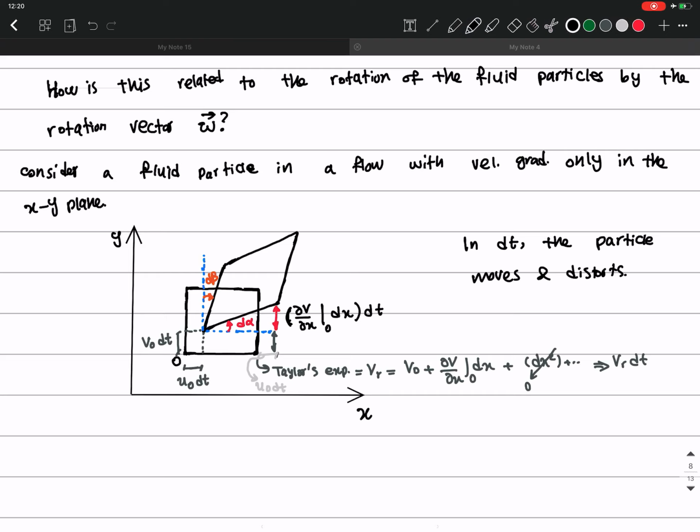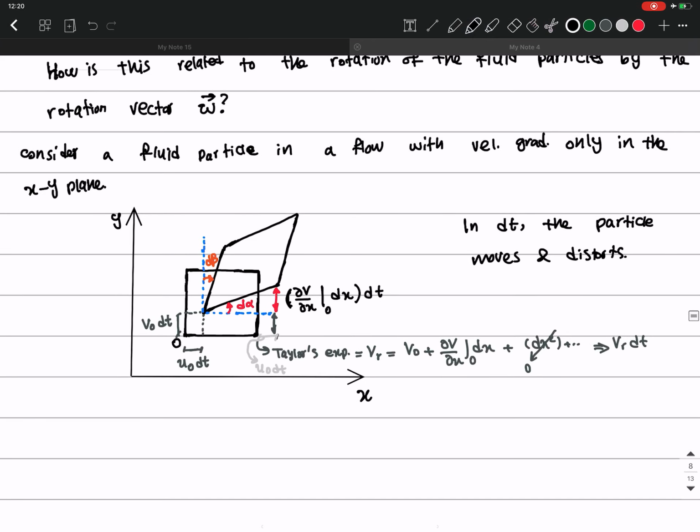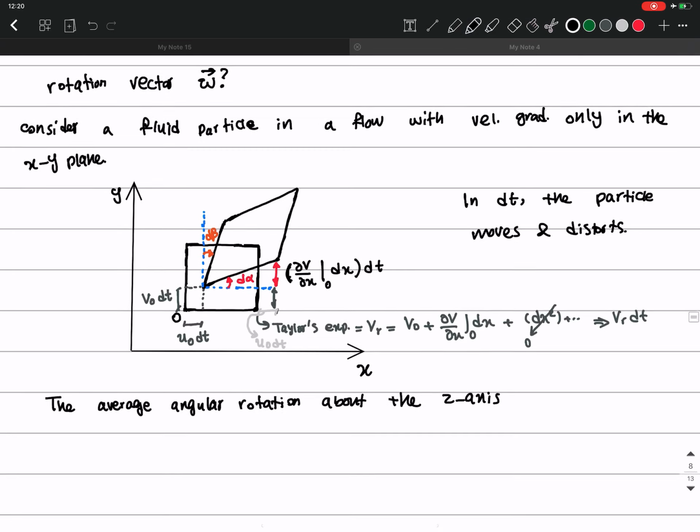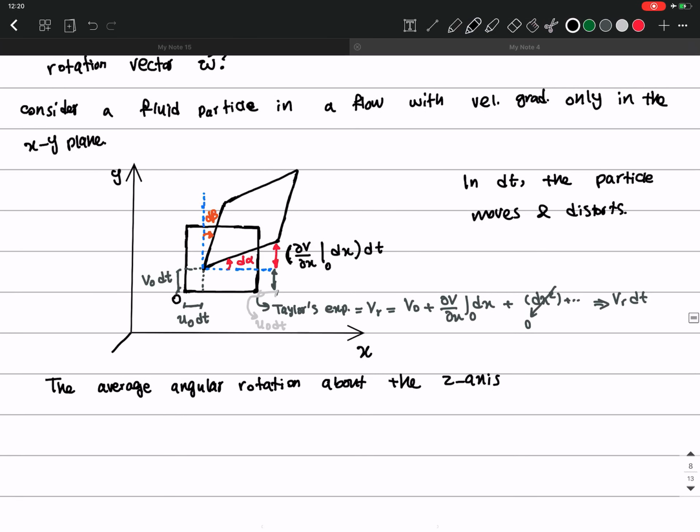Now let's calculate the average angular rotation about the z-axis. And the z-axis is just here, right? This is the z-axis, okay.